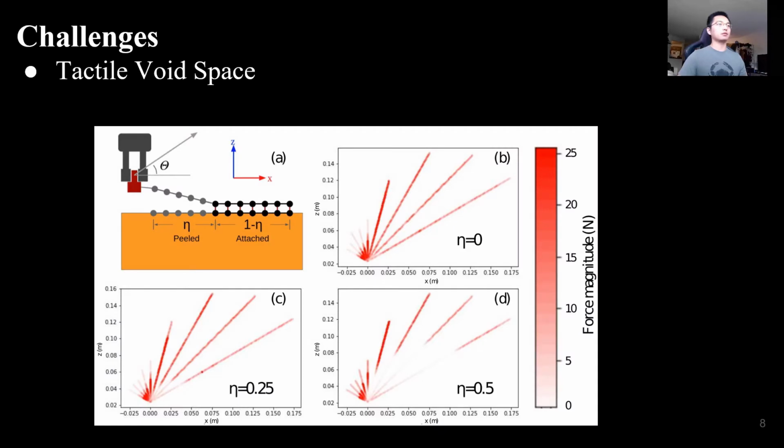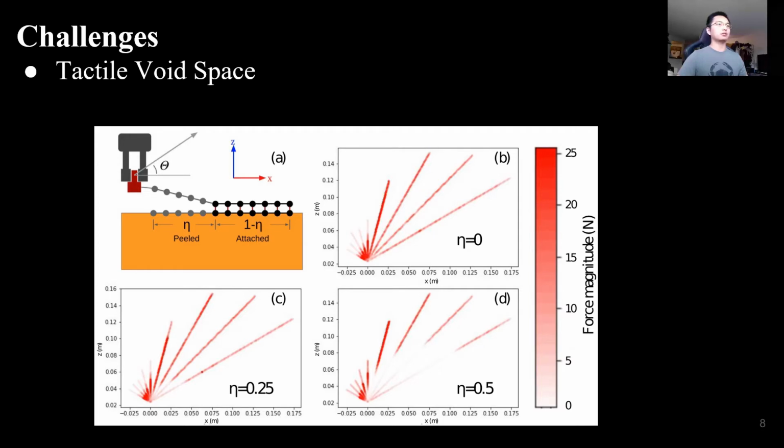Another challenge we found, which we call the tactile void space, and we did an experiment to show its concept. For this experiment, we measure the force feedback while moving the manipulator along predefined trajectories. We parameterize the trajectories by theta, the angle between the peeling direction and the x-axis.